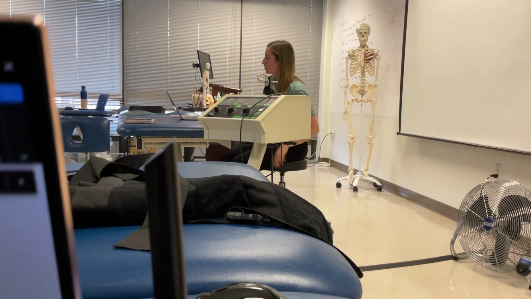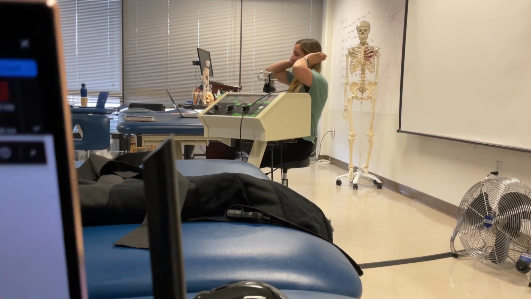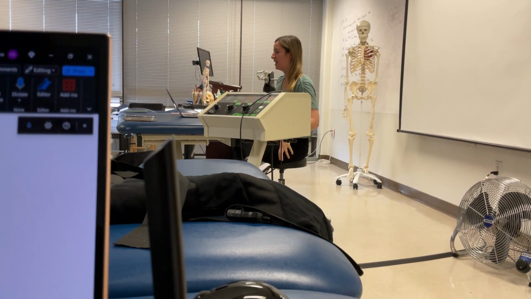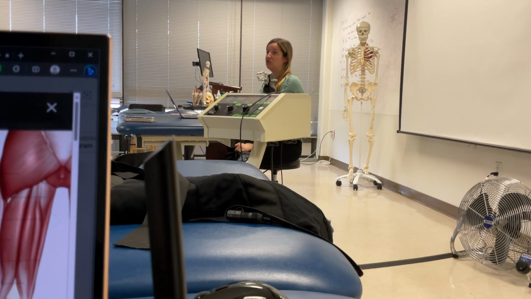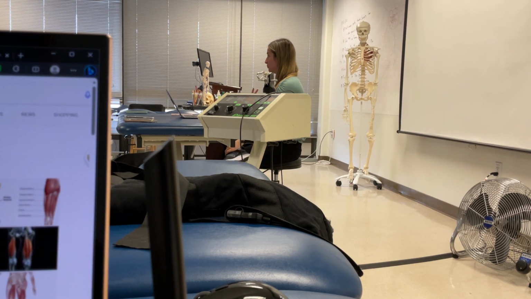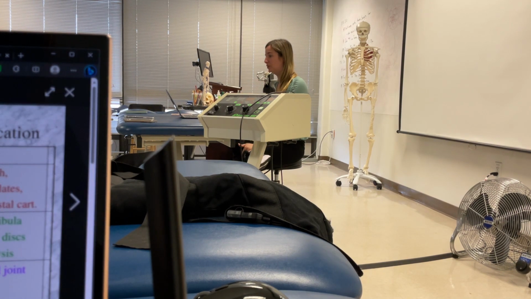Alrighty. So the overload principle is, let's say we are trying to strengthen a muscle, and we're trying to figure out how much resistance to apply to that muscle in order to meet our goal. The overload principle basically says we have to apply a sufficient level of resistance in order to stimulate hypertrophy.